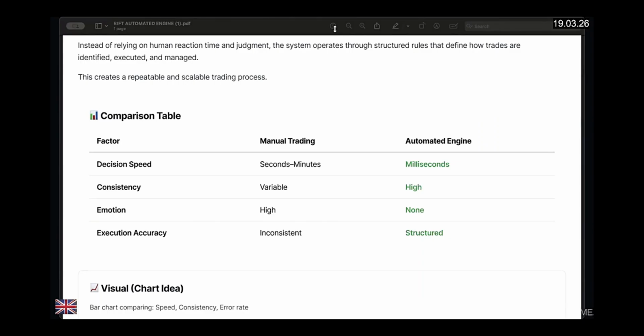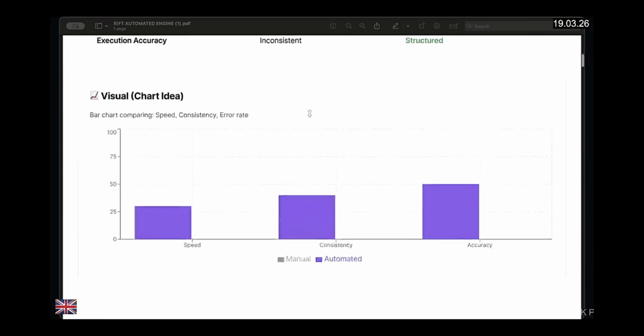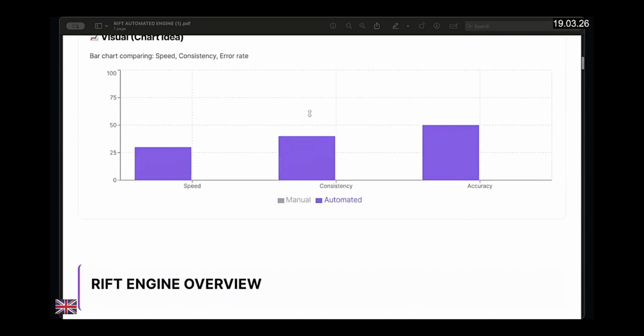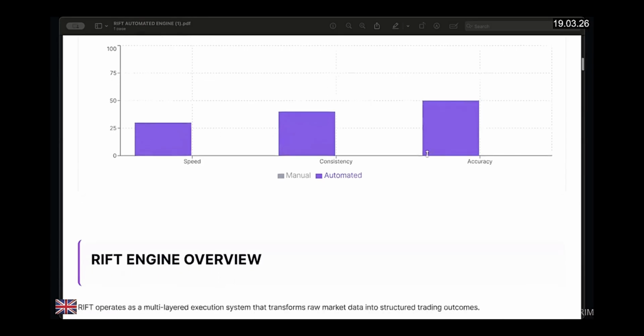You manually trading have a chance of losing money, but the automated trading engine does not have this liberty of losing money for you in any case. So you will never lose money with the automated trading engine. You will always make money. That is the condition on which the automated trading engine works. Then the speed, consistency, and accuracy of manual versus automated engines, it matters.